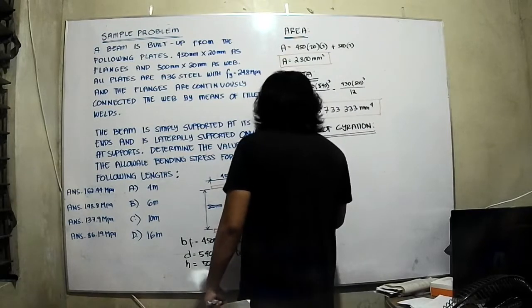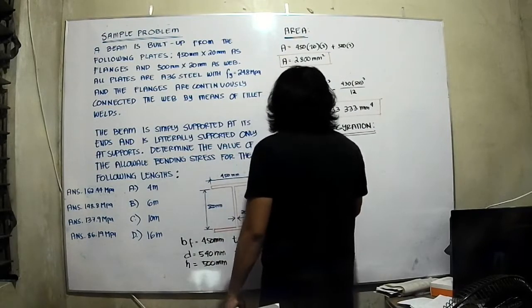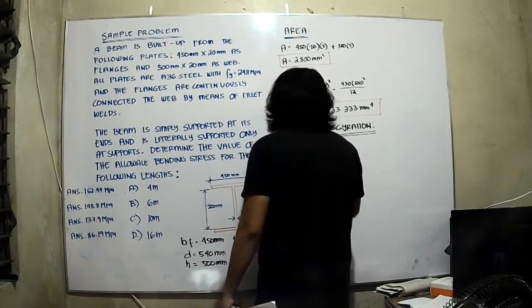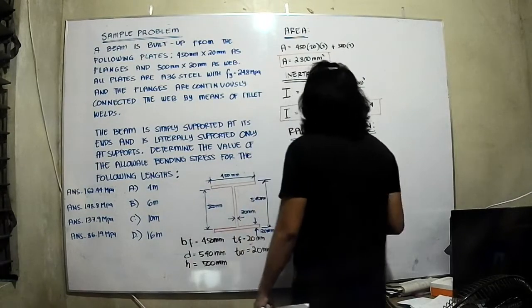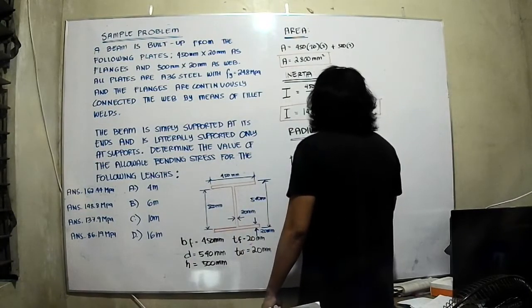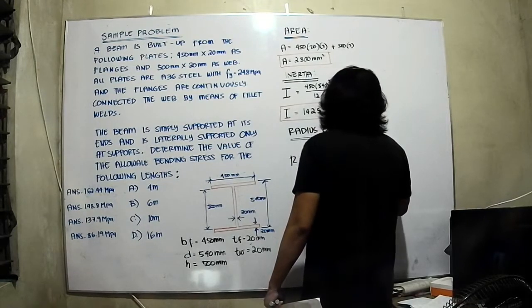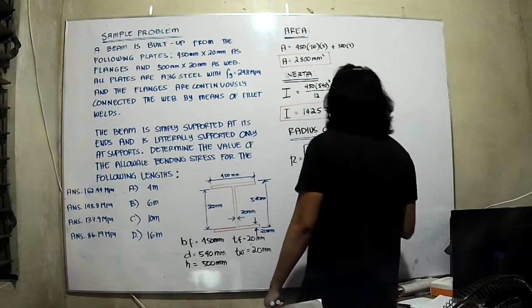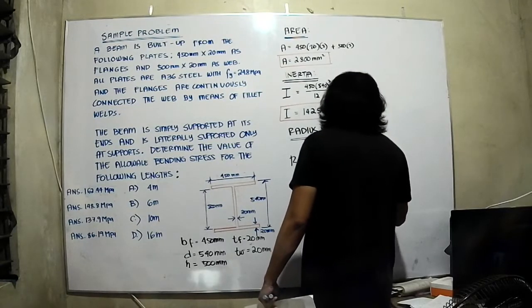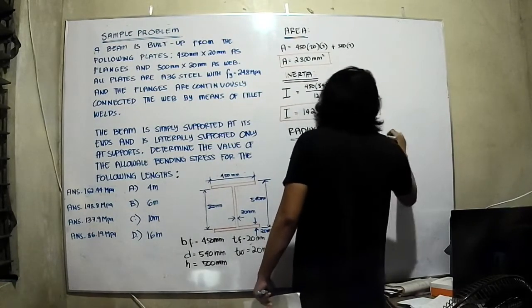Radius of gyration would be equal to the square root of inertia divided by A. 1425733 divided by 2,800, square root.